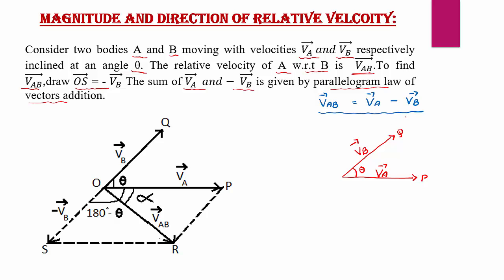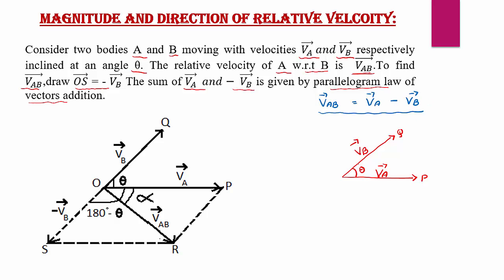Remember, in a subtraction of two vectors, we are going to sum the two vectors. Again, we have to add the vectors in subtraction. But this is minus VB.